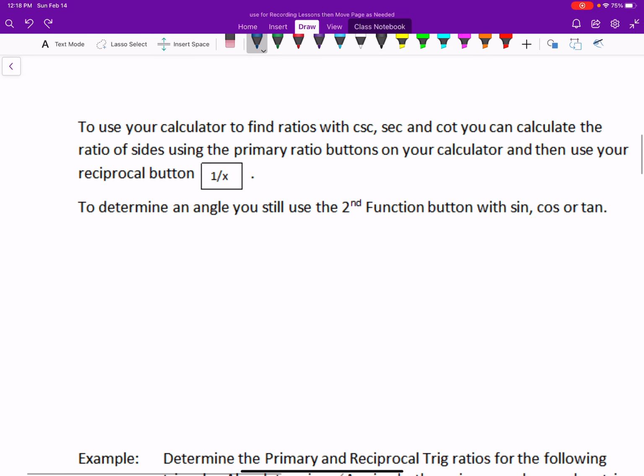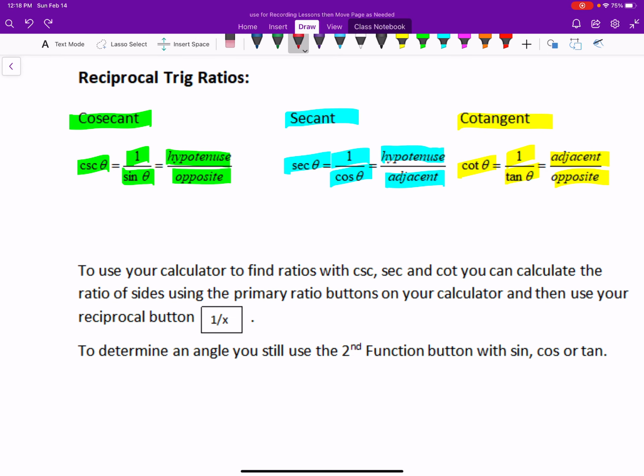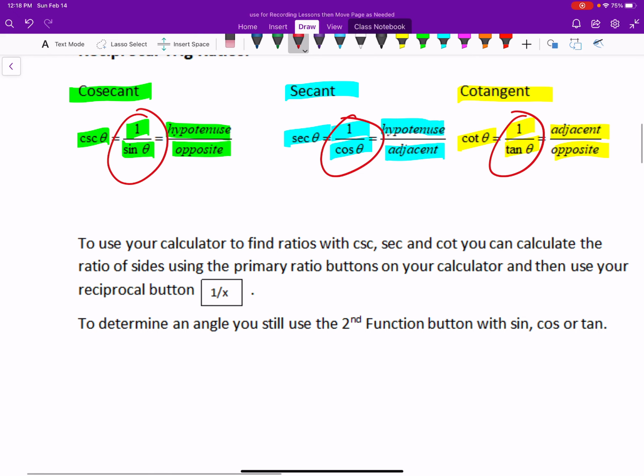And so we can use our calculators to find ratios of sine, cos, and tan, but we can also use them to find cosecant, secant, and cotangent, keeping in mind these connections. If I want to know cosecant, I just do 1 over the sine of something. If I want to know secant, I just do 1 over the cosine. Cotangent, I can type in my calculator as 1 divided by the tan of an angle.